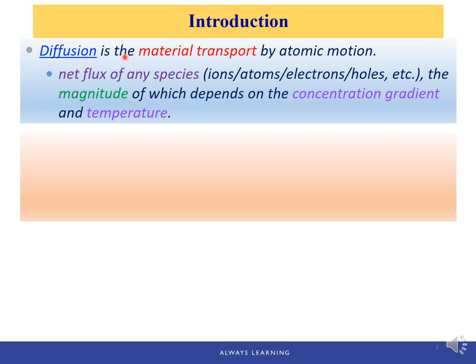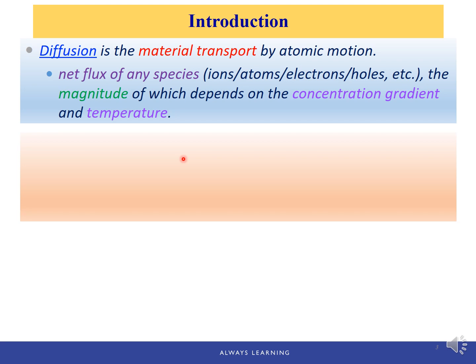Diffusion is defined as the material transport by atomic motion. This can be the net flux of any species, including ions, atoms, electrons, holes, etc. The magnitude of diffusion depends on the concentration gradient and temperature, which we'll discuss later.